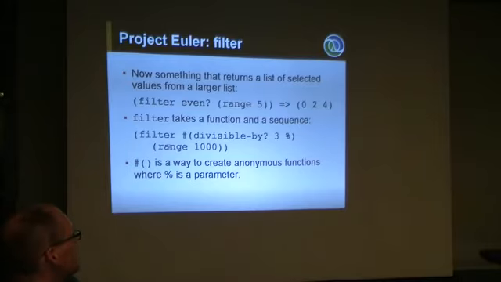So this filter will run through every single item in that thing, plug that item in where that percent sign is, and call that function divisible by with the value 3. So this function will return every number between 0 and 999 that's divisible by 3.